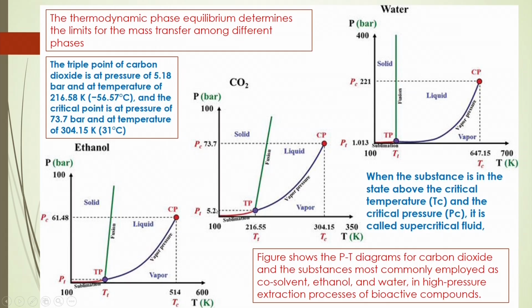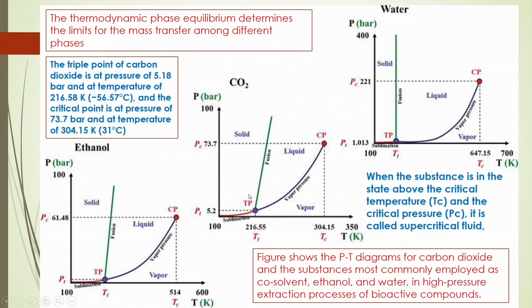Similarly, carbon dioxide needs a little higher pressure, and the temperature is lower relative to ethanol, for reaching the supercritical condition. And here also you will see the triple point is different from ethanol.